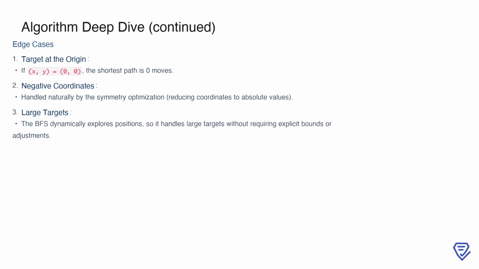For very large target positions, the BFS dynamically adjusts the search area, exploring only positions that are reachable. This eliminates the need for predefined bounds and ensures that even distant targets can be handled efficiently. These edge cases highlight the robustness and adaptability of the algorithm, making it well suited for the problem at hand.